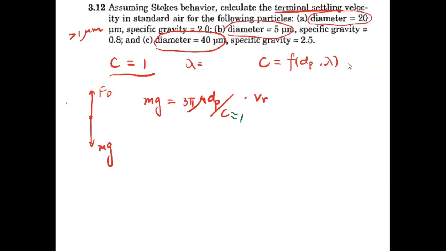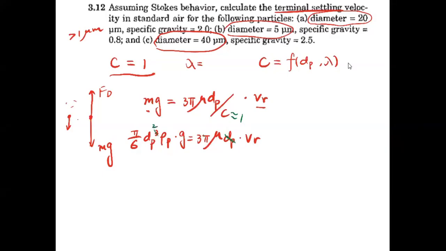Because the air is stagnant, when the particles settle down, this relative velocity will be the settling velocity going down. If we again plug in the equation for the mass of the particle, pi over 6 dp cubed rho p multiplied by g equals 3 pi mu dp multiplied by VR, and then these can get canceled.